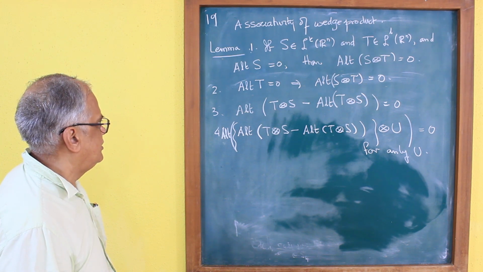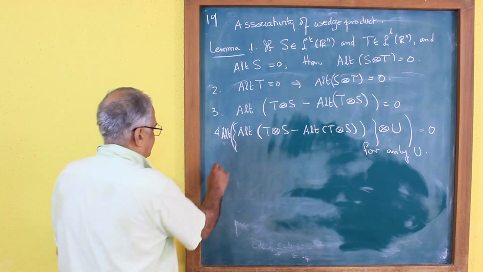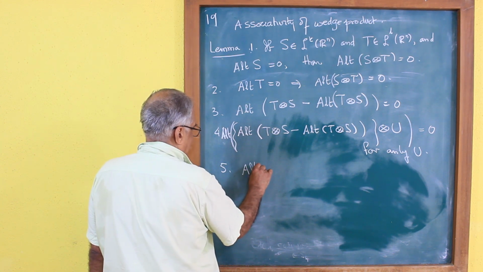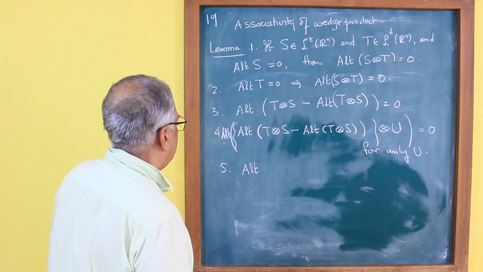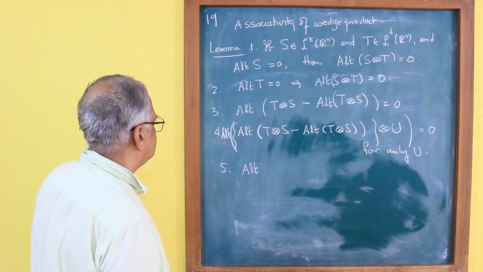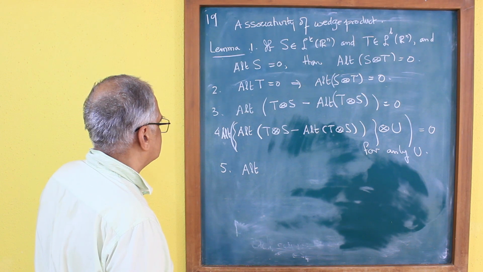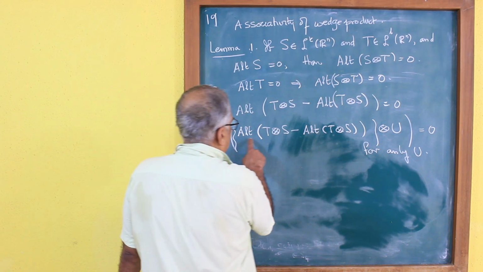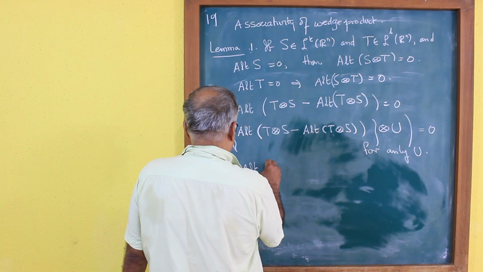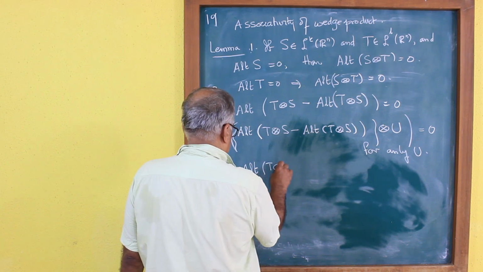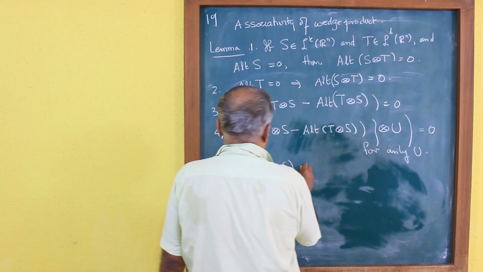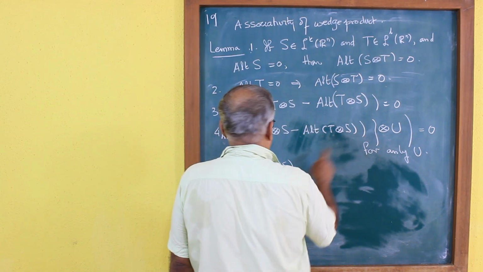And therefore, this implies that alt of T tensor S tensor U, alt of this is equal to 0. So let me write this whole thing down.